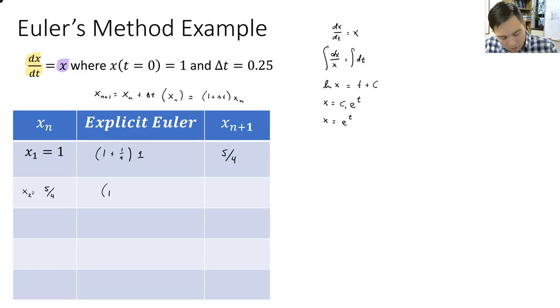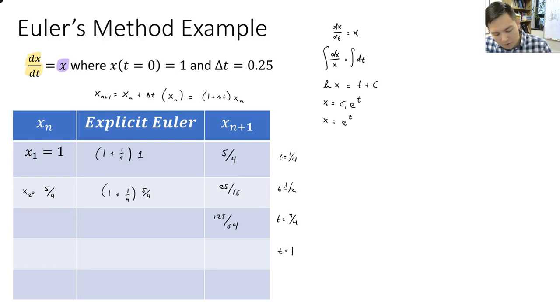Our explicit Euler is going to still just be 1 plus 1/4 times 5/4 now, and that'll give us a value of 25/16. Take another step would give us a value of 125/64, and this would be our value at t equals 1/4. This will be our value at t equals 1/2, t equals 3/4.